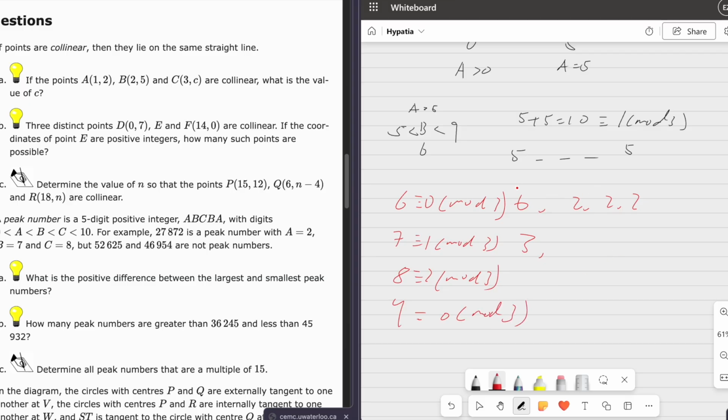So the biggest one, 6, is 2 plus 2 plus 2. But right now we do minus 1 to reduce the 1 modulo 3, from 5 plus 5 equal 10. So this one becomes 5.